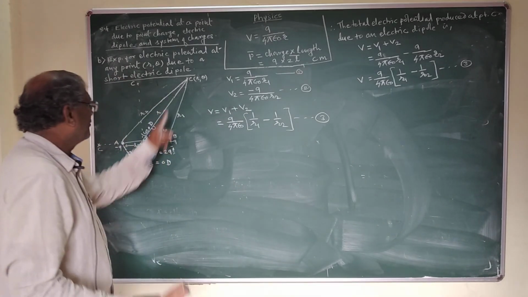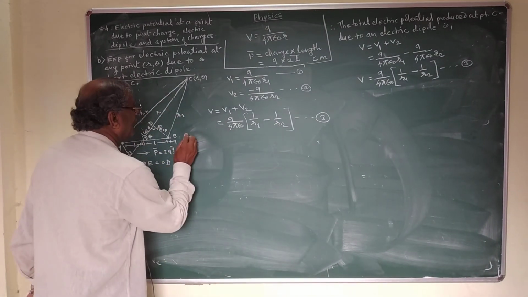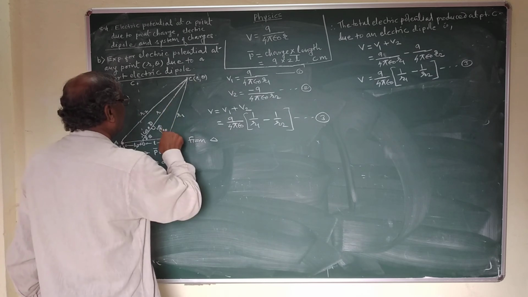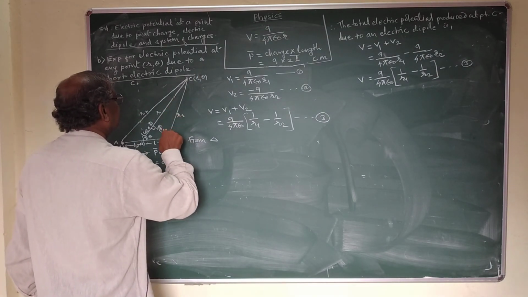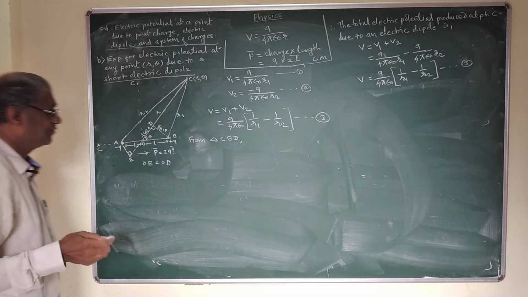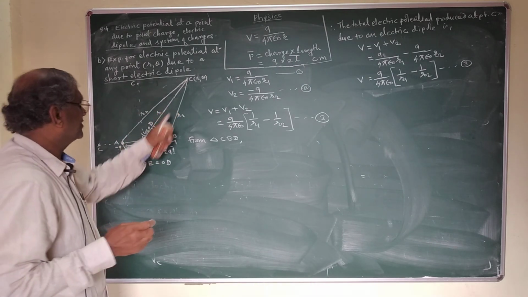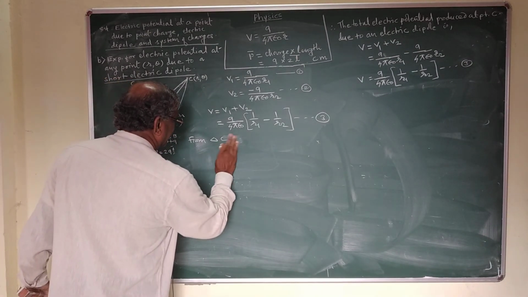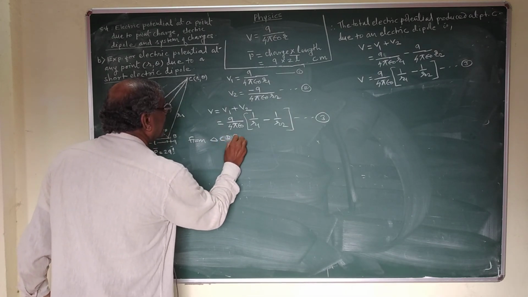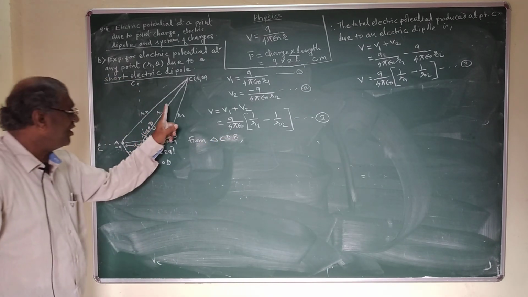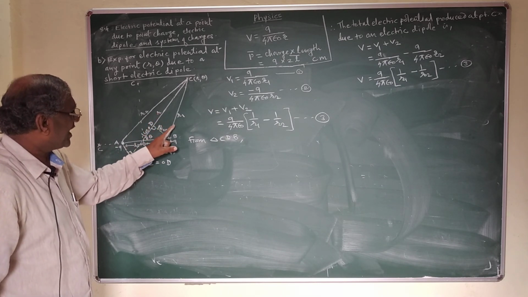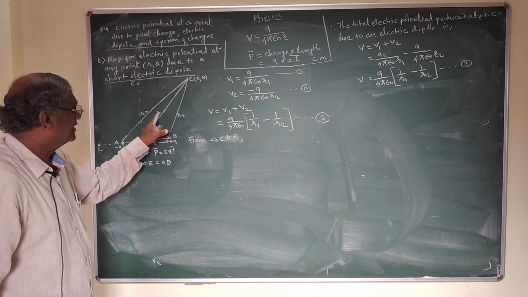For this purpose, from the right angle triangle CDB, according to Pythagoras theorem, R1 square is equal to this square plus this square.